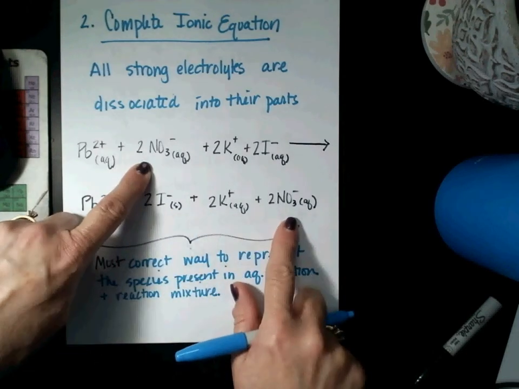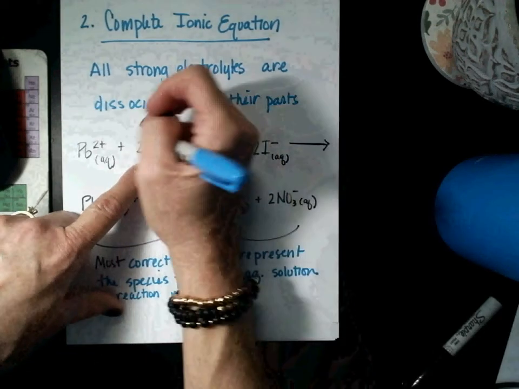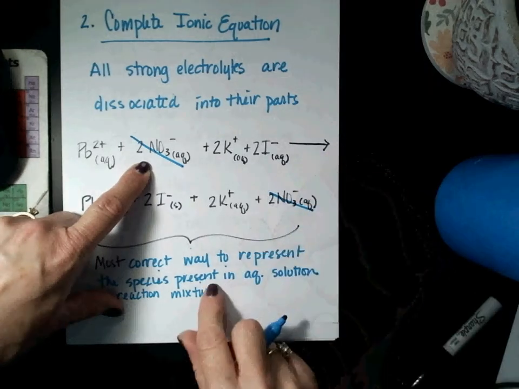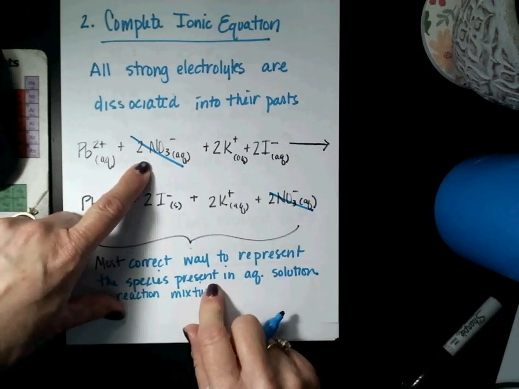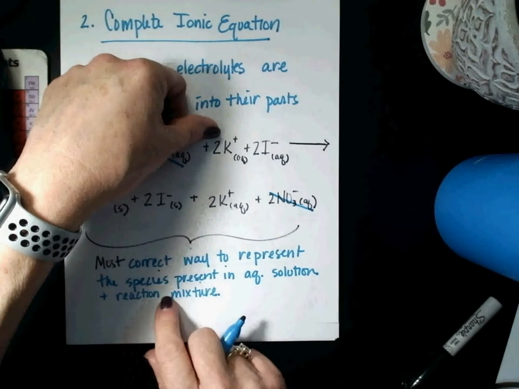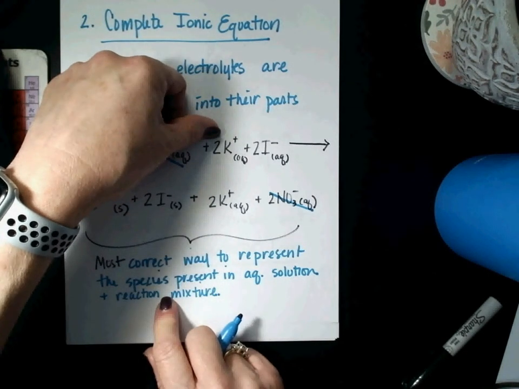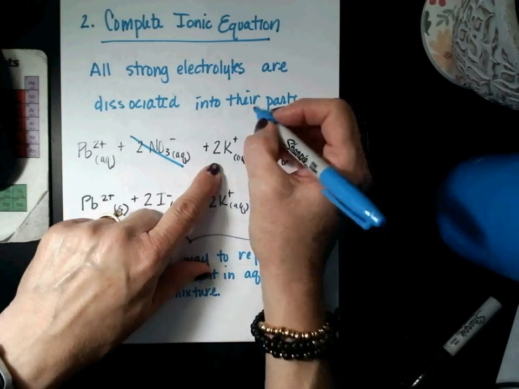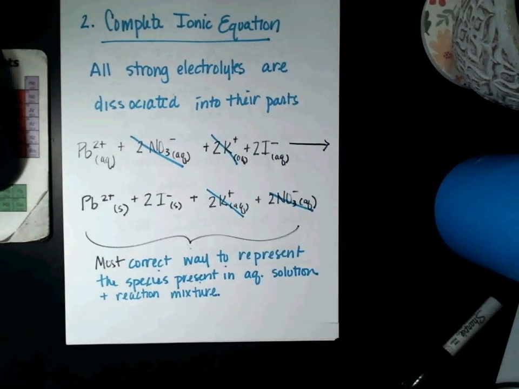Then I go to my nitrate. It was aqueous on this side, it's aqueous on the other side. And then I move on to my next one. My potassium, aqueous on this side, aqueous on this side, so I can get rid of it.